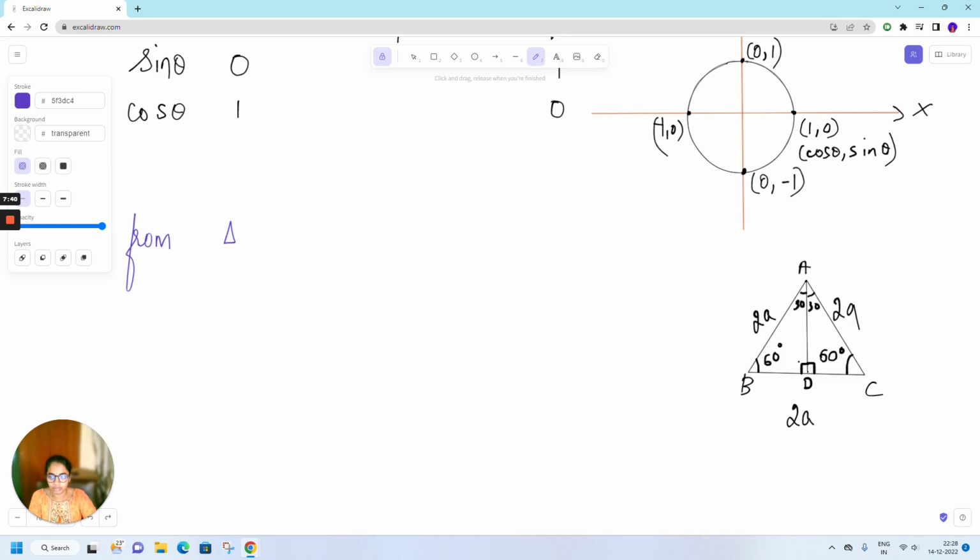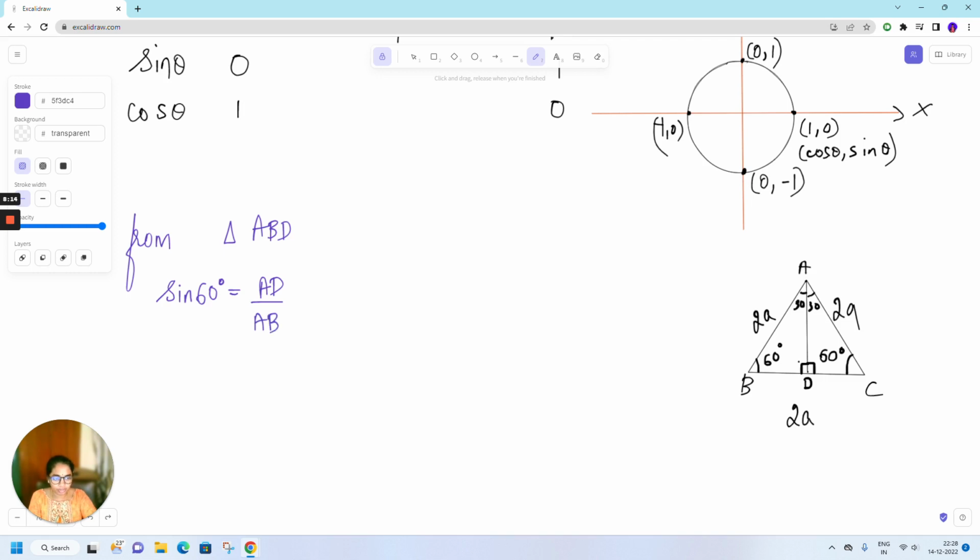From triangle ABD, can you tell me what is sine 60 degree? Sine 60 degree means the angle is at B. So now if the angle is at B, the opposite side, or the perpendicular, would be AD. Agree? So sine 60 is perpendicular, that is AD, divided by hypotenuse, that is AB.